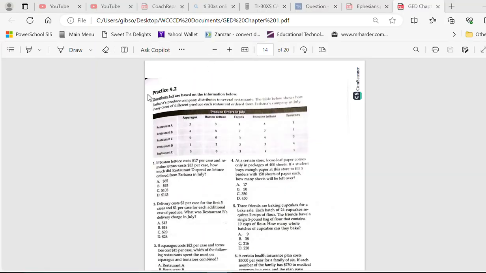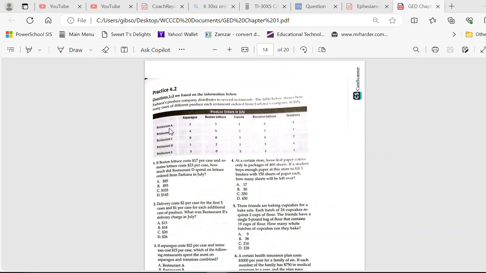Okay, so now we go down to 4.2. It says questions 1 through 3 are based on the information below. Piranha's produce company distributes to several restaurants. The table below shows how many cases of different produce each restaurant ordered from Piranha's company in July.